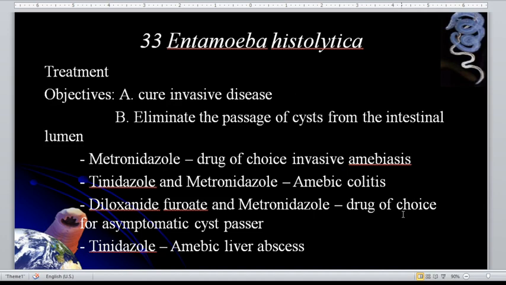Okay, so what is the cardinal sign for amoebic liver abscess? That is right upper quadrant pain. So that is the cardinal sign for amoebic liver abscess.